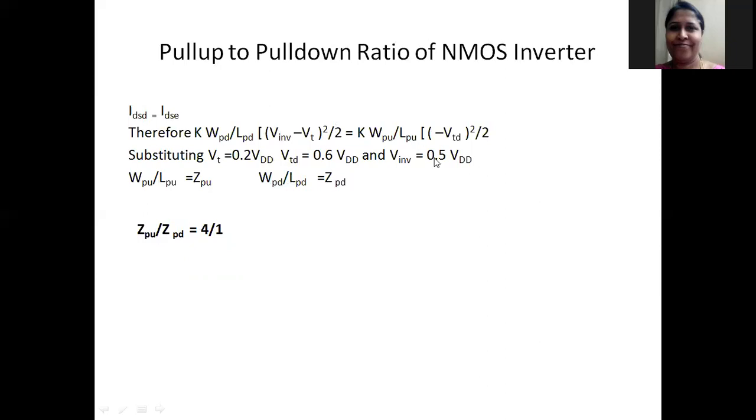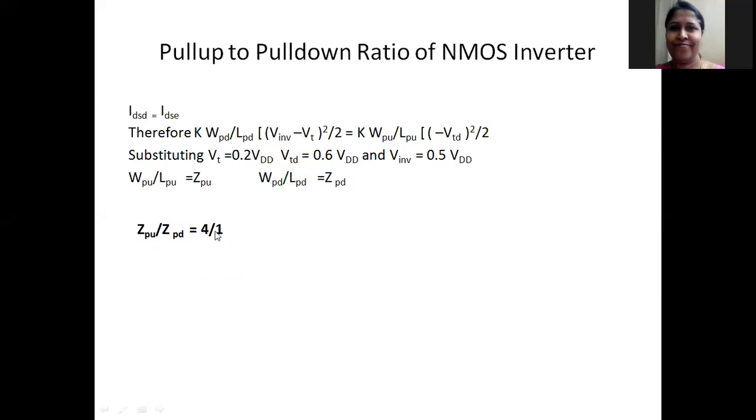It's a simple substitution. You can substitute both the sides, K value will get cancelled because K represents process parameter, which is same for both N MOSFETs.